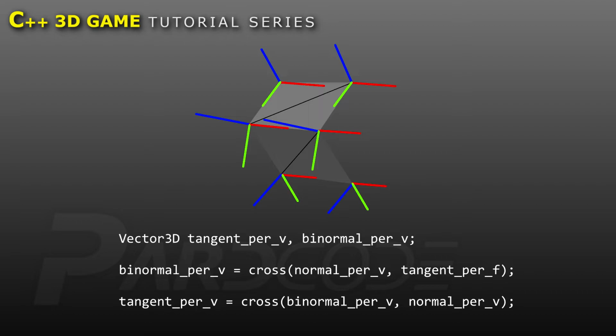This vector is the per vertex binormal, that now is orthogonal with the per vertex normal. At this point, let's redo the same thing between the per vertex binormal and per vertex normal, obtaining the final per vertex tangent. Very well, now we have tangents, binormals, and normals calculated per vertex.